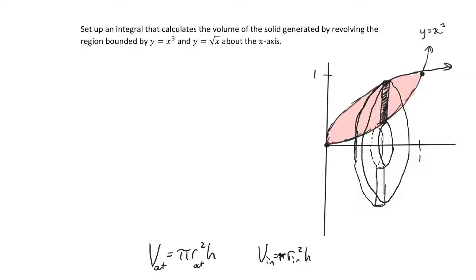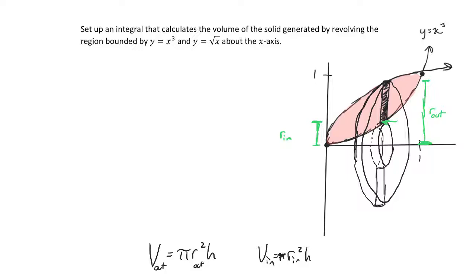Well, the outer radius is the distance from the axis of revolution all the way out to the top of that rectangle that we're revolving. So this is my outer radius. The inner radius, I'm going to draw it over to the left here. The inner radius is from the axis of revolution up to the end of the hole. Here is where our hole ends. Okay, so that's the inner radius.